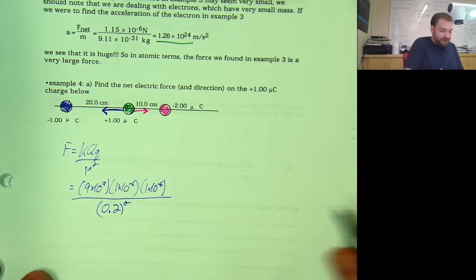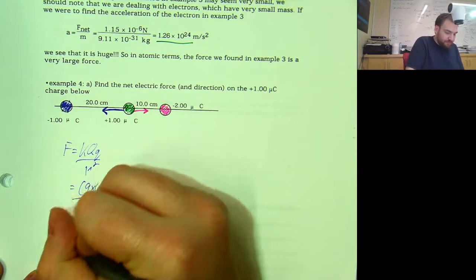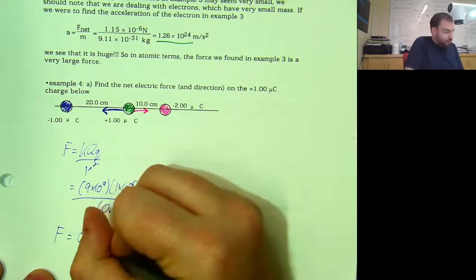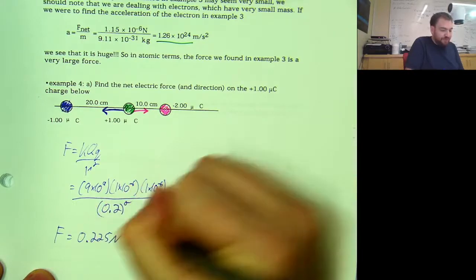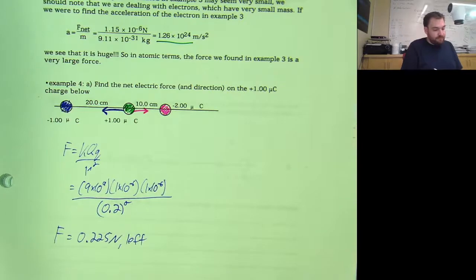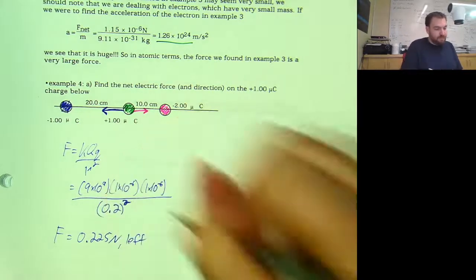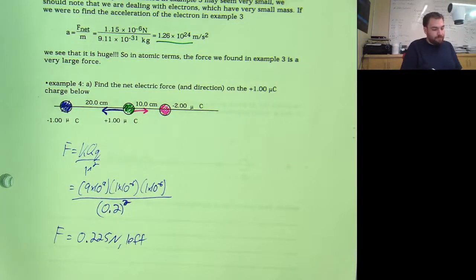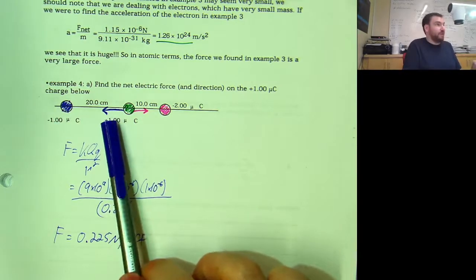You're going to find the force here is 0.225 newtons to the left. Should be a square. We already dealt with the charges, the signs on the charges, by doing the direction of the forces.